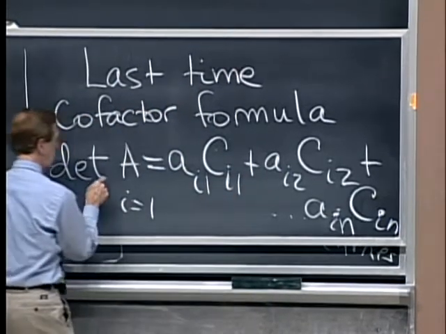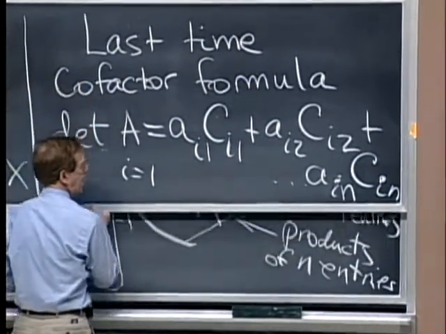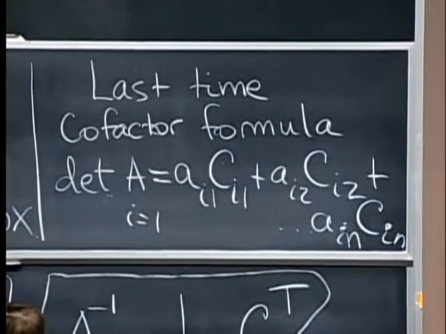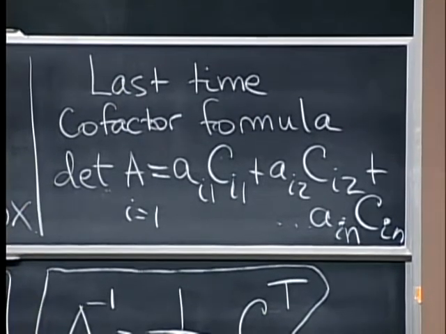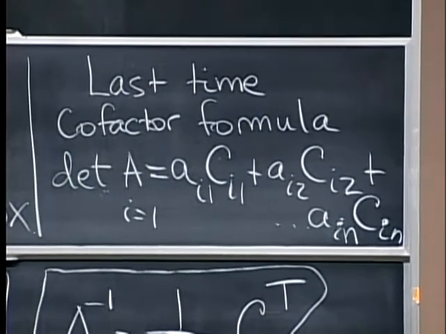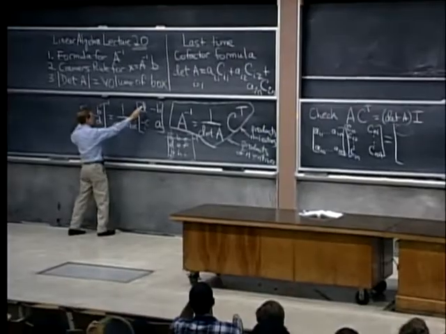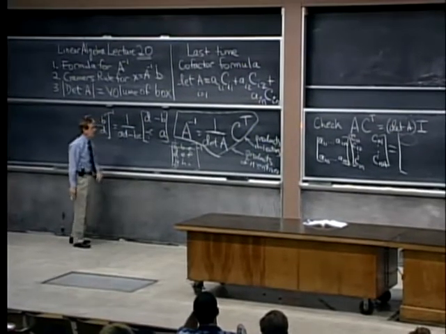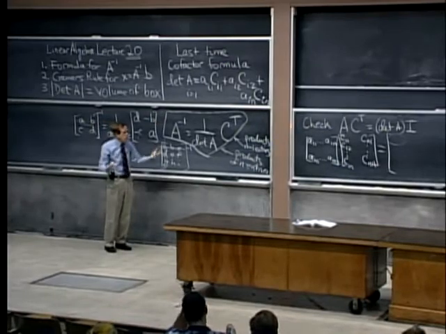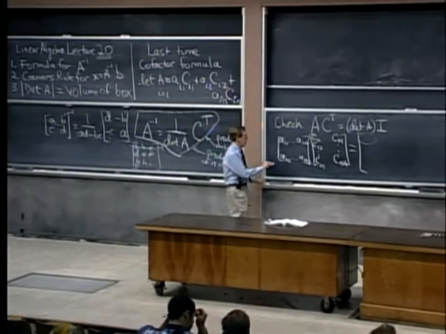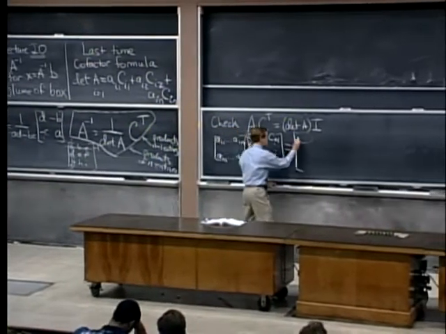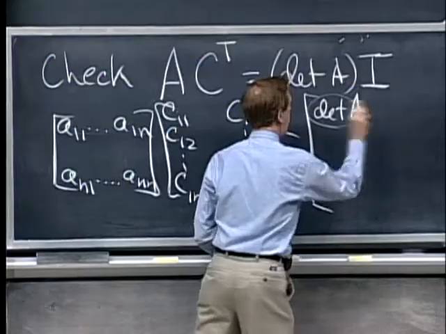And that gives me the determinant. And it worked in this case. This row times this thing is, sure enough, AD minus BC. But this formula says it always works.